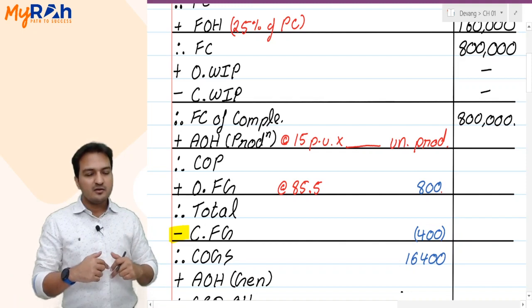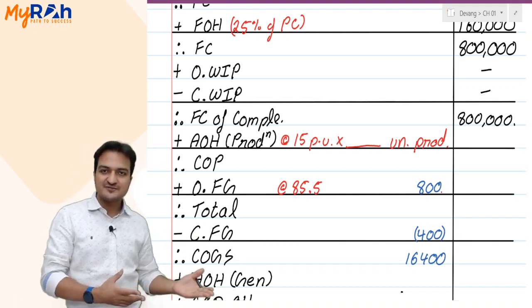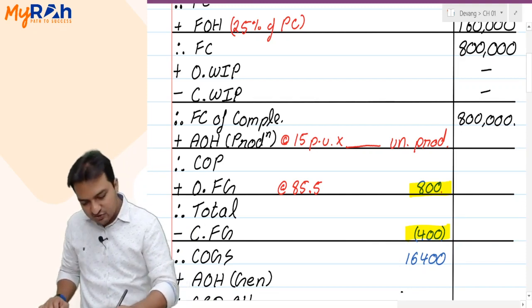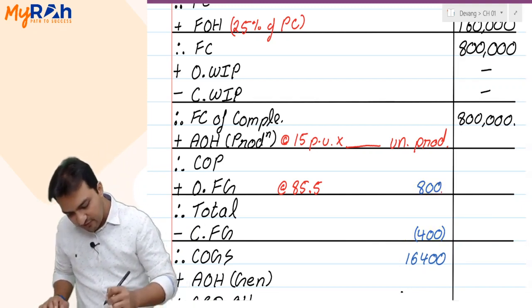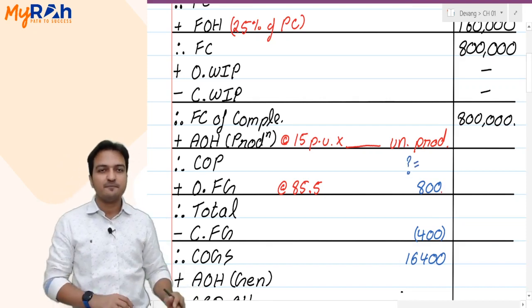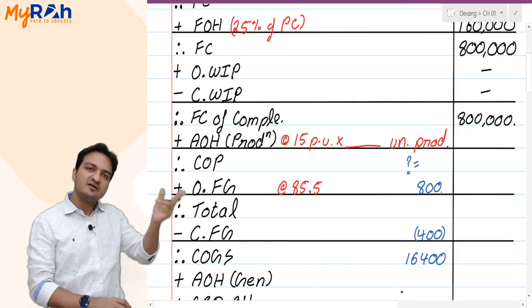Now, well, you have the sold units, you have the closing FG, you have the opening FG. Based on these three things given, can you find production units here? Yes, all you need to do is a reverse working.